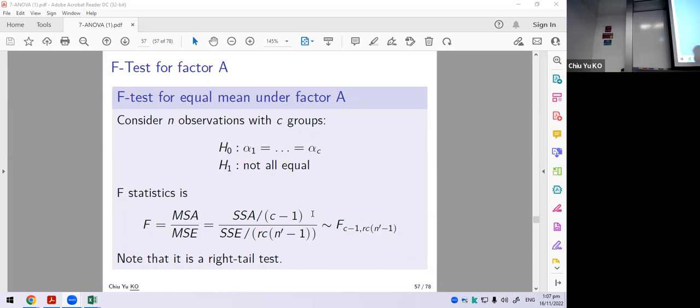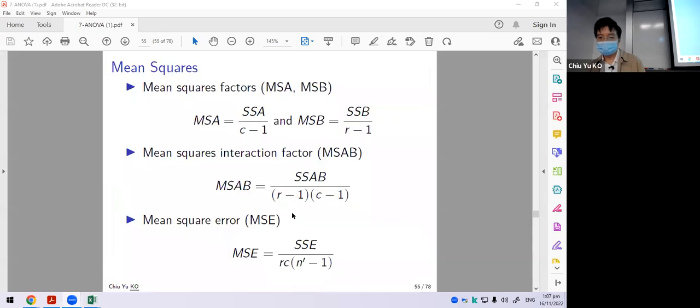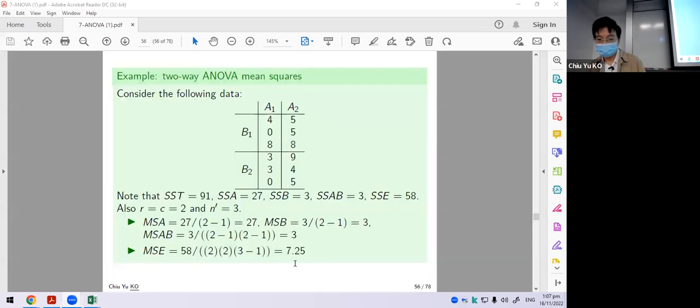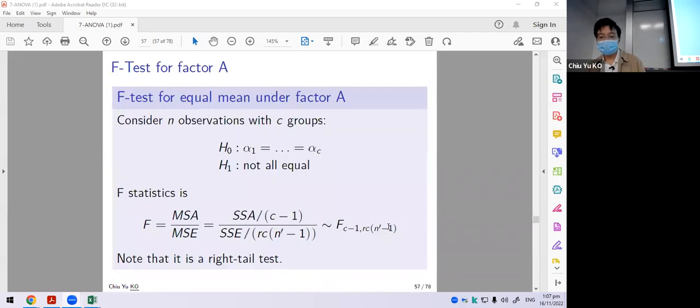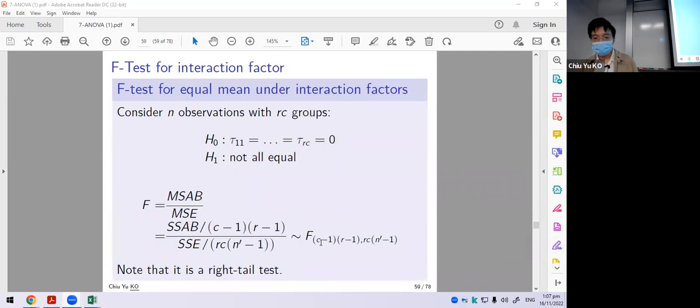That is the difficult part for you to remember. And same for MSB, and MSAB are the same.